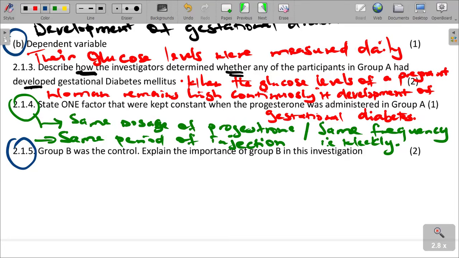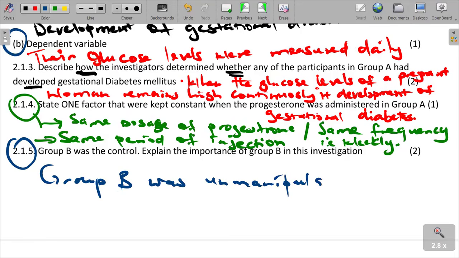Group B did not receive progesterone, it was unmanipulated. So what it means is that no progesterone was administered.